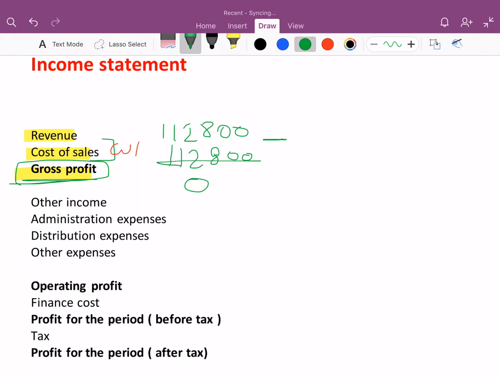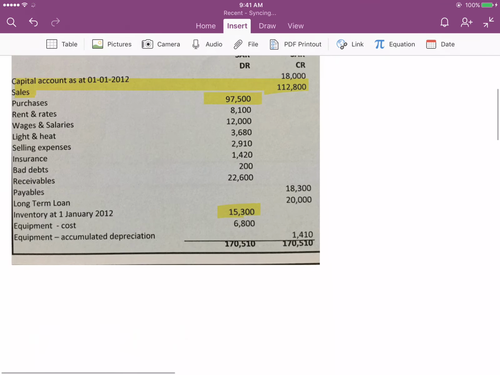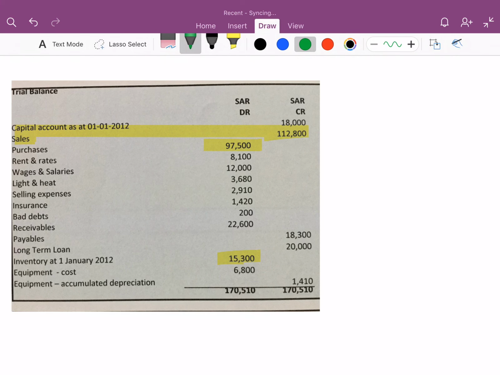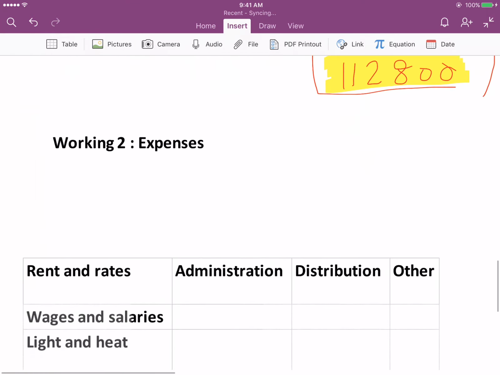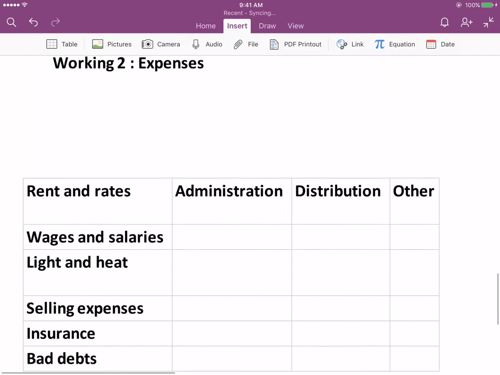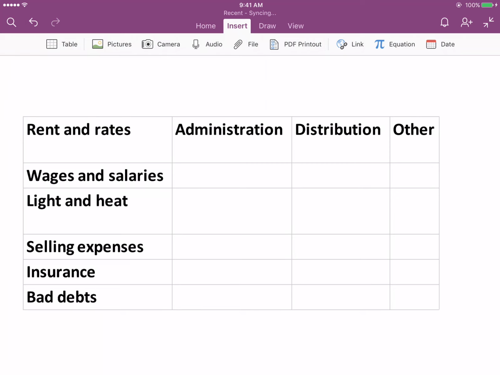And so now how to work out the expenses. So here we have a bunch of expenses. We have rental rates, wages and salary, light and heat, selling expenses, insurance, bad debt. How are you going to work that out? So you will say working 2, and then you will write them all down.